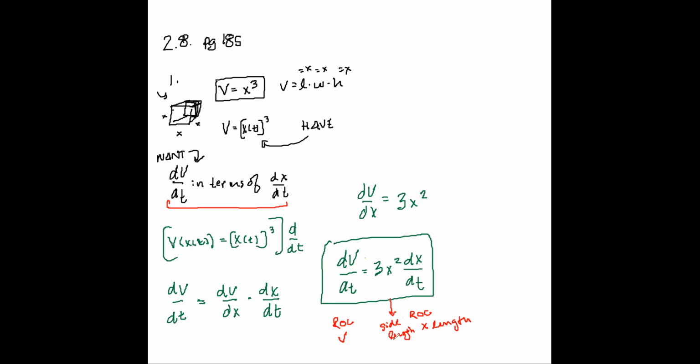It'll say the side length is changing at a constant rate of 3 meters per second, and they want you to find the volume when the side length is 2.5 meters long. So they will give you pieces of this in the problem. And if you think you have an equation but you're missing something, you're either missing a part of the problem or your equation isn't quite right.